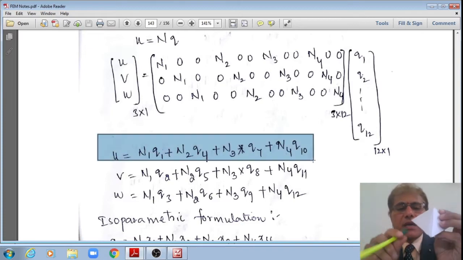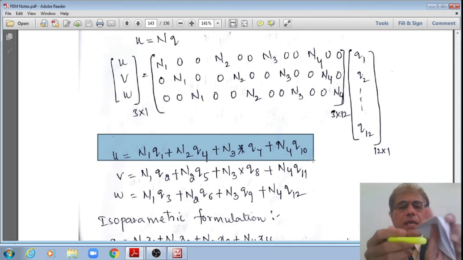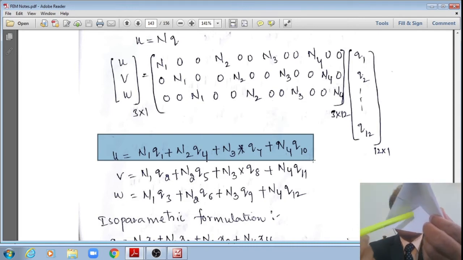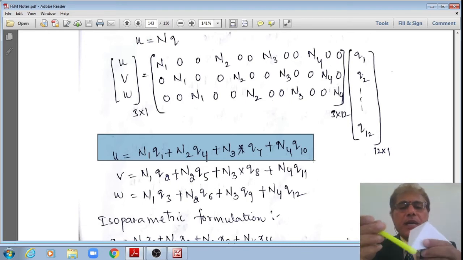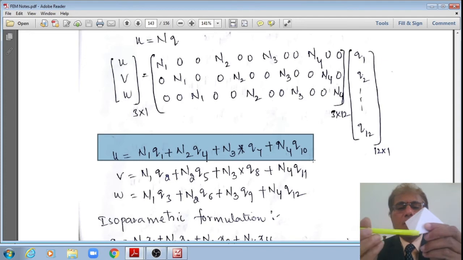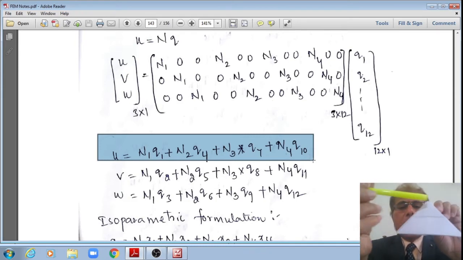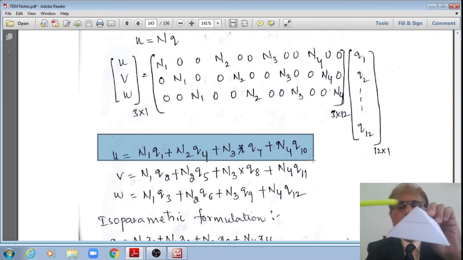the displacement of any interior point within the four node tetrahedron is interpolated as N1 multiplied by q1, N2 multiplied by q4, N3 multiplied by q7, and N4 multiplied by q10.